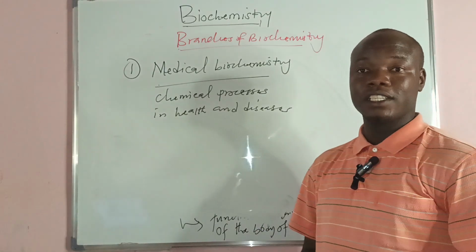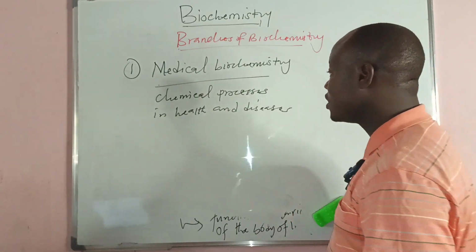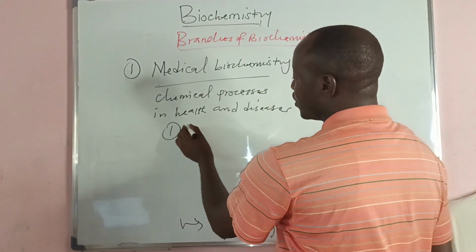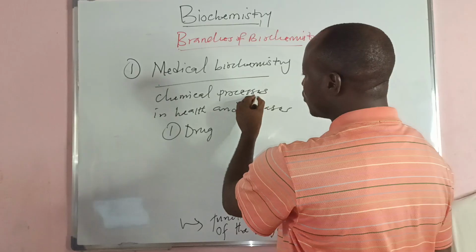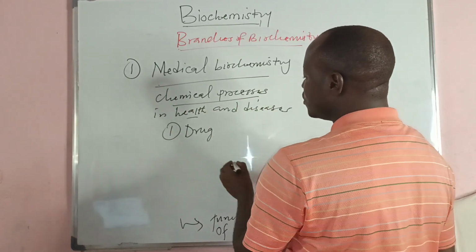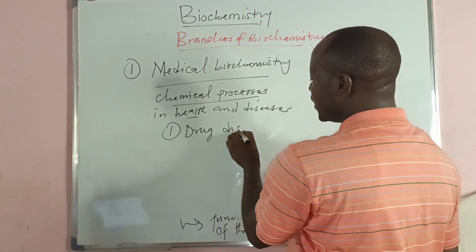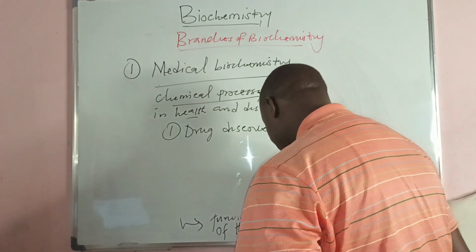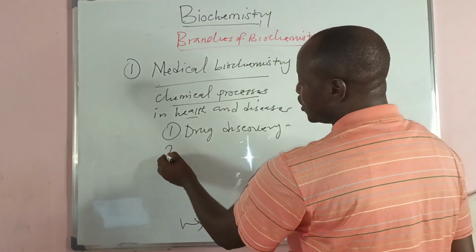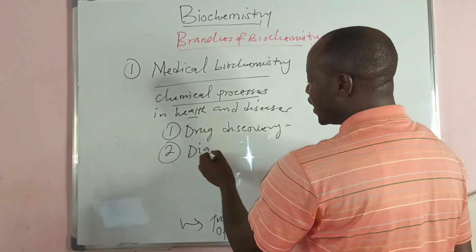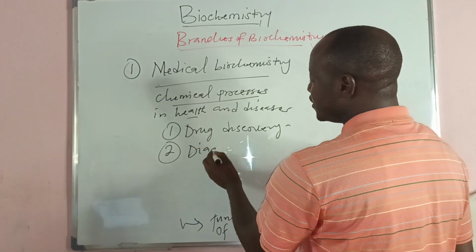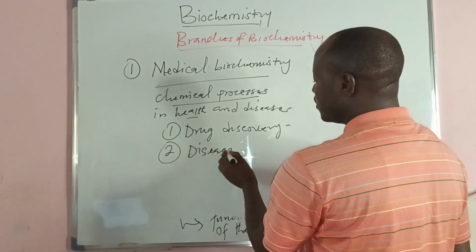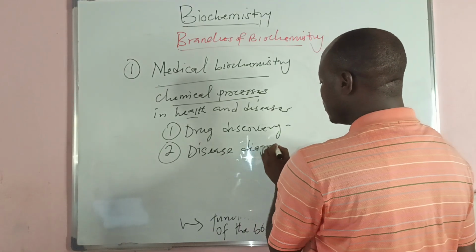And these chemical processes found in medical biochemistry are important in drug development. You can use the chemical processes in health and diseases in drug discovery, that is, to discover new drugs. You can also use them in disease diagnosis, to diagnose diseases.